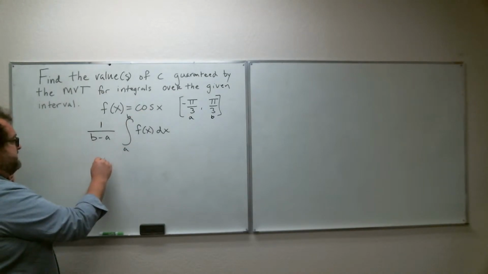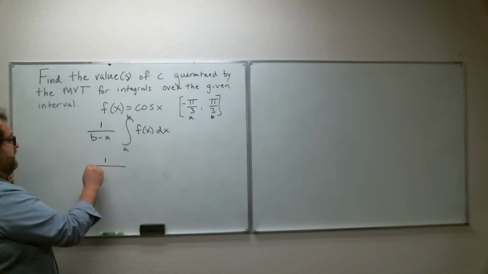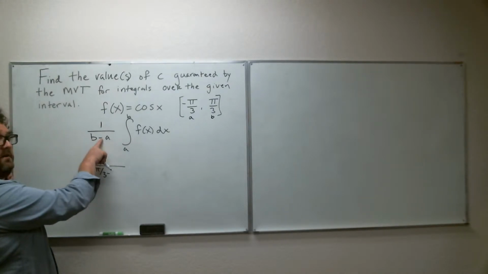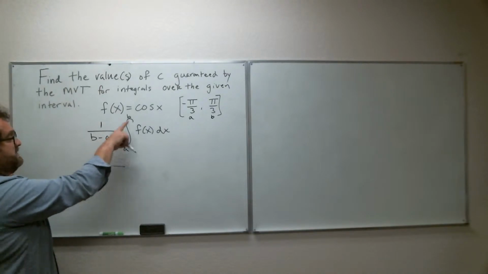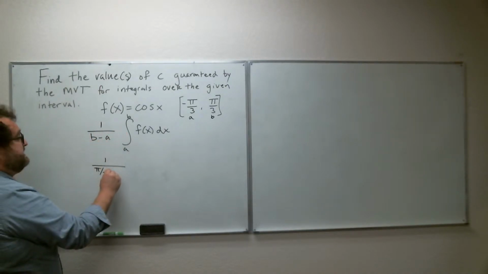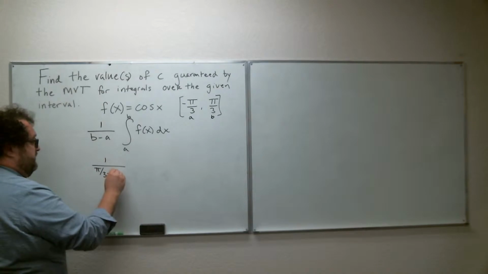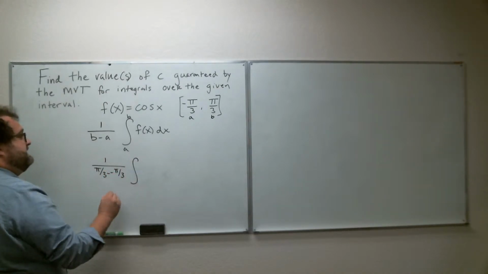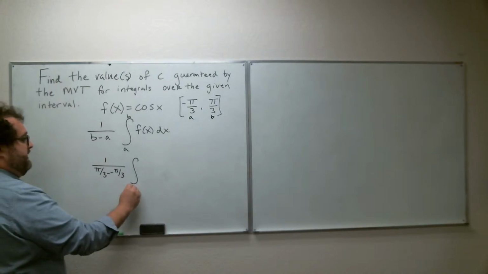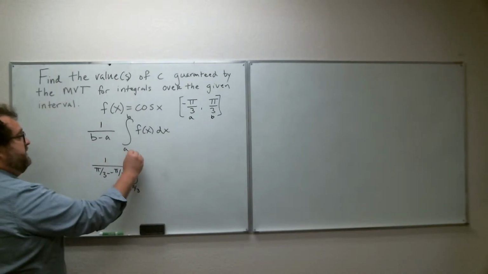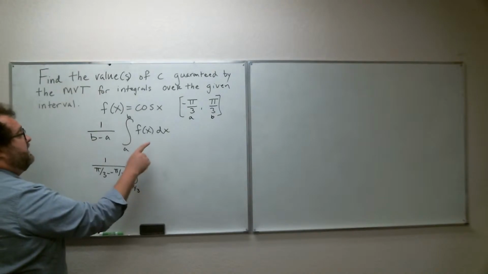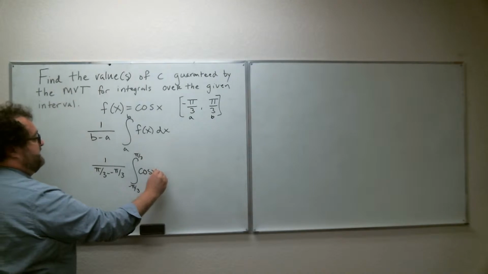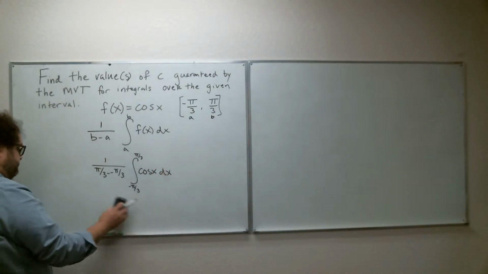So we're going to do 1 over b, pi over 3, minus, notice there's a negative sign built into the expression, minus negative pi over 3, double negative there, times the definite integral from a, negative pi over 3, to b, positive pi over 3, of f of x dx, cosine x dx.